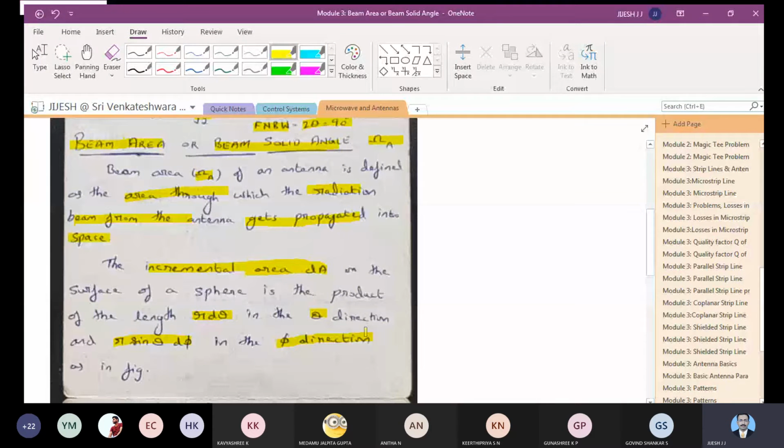That small area through which the signal gets propagated is denoted as dA, the product of r d theta and r sin theta d phi. You can just note down those things.